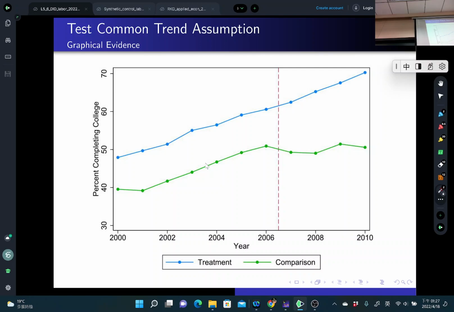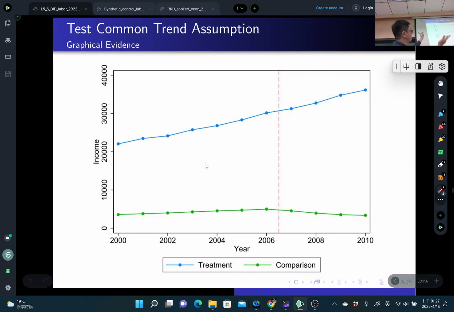That means they do not need to have the same level of outcome. They just need to have the same trend, which is enough. And after treatment happens, the trends start to become different. Okay. And this other graph shows that their trends actually are not very similar before treatment happened. So in that case, maybe you should not use difference design.